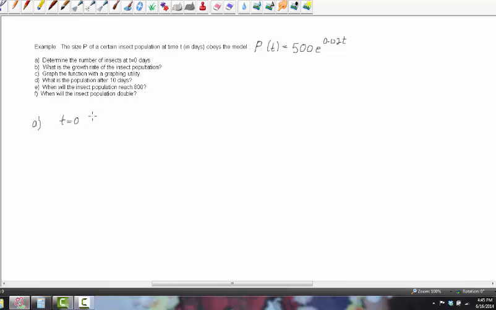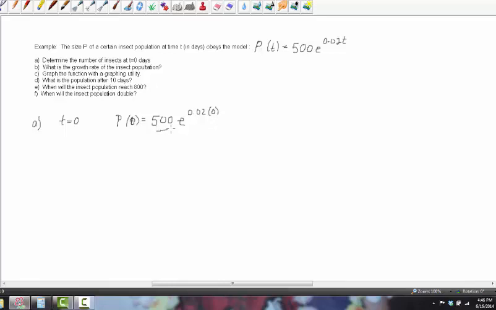All right, so I would sub 0 in for t. So P of t, or P of 0 in this case, is equal to 500 times e to the 0.02, and then I sub 0 in for t.